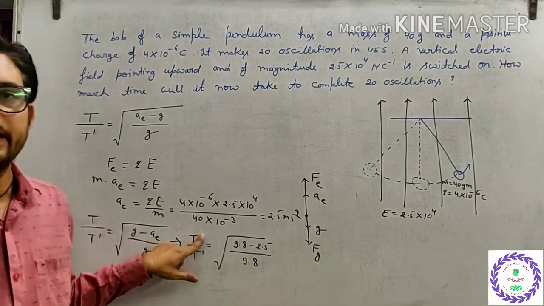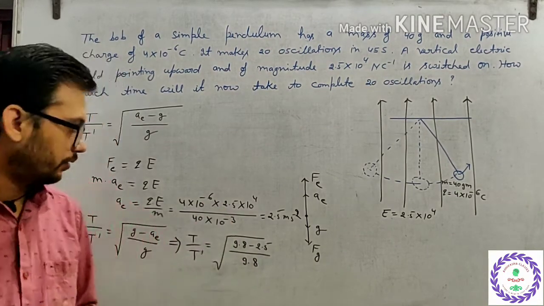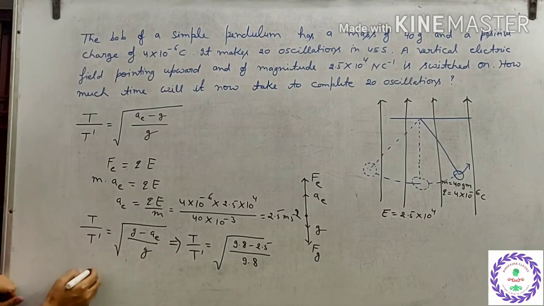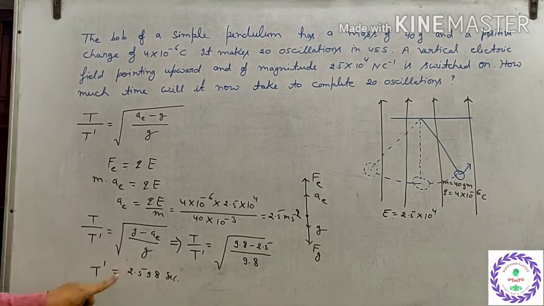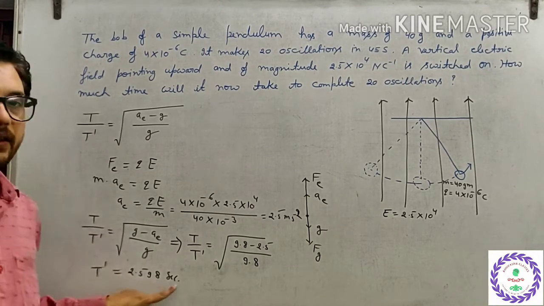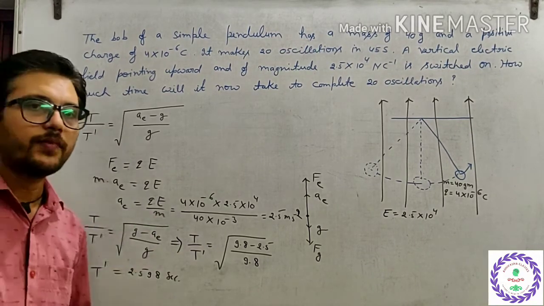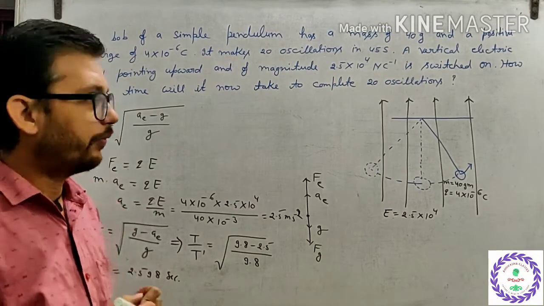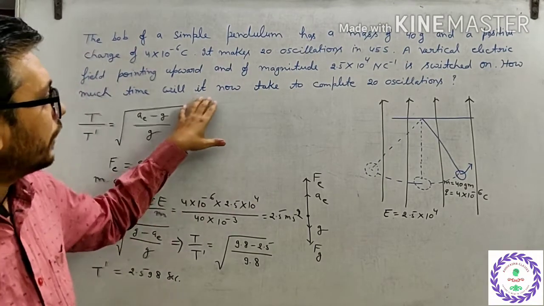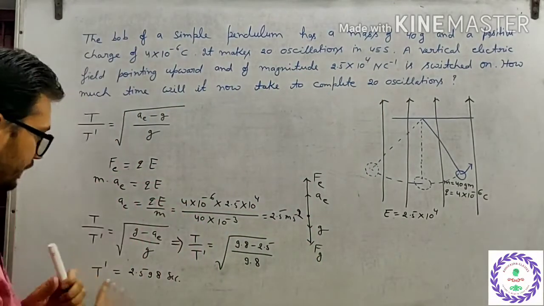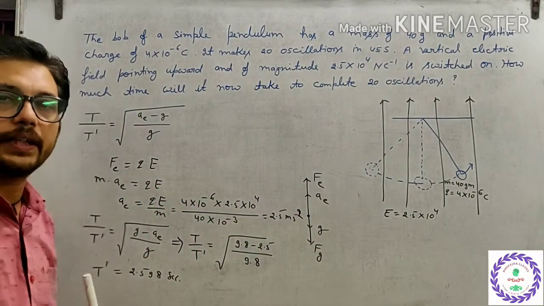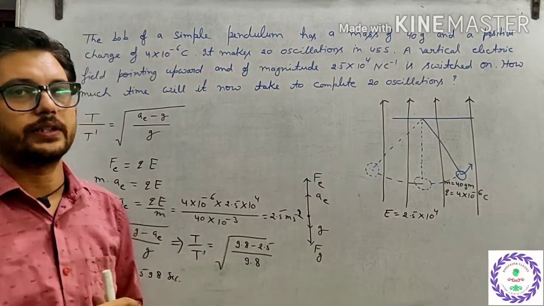We have capital T as 45 by 20, put the value and we get T dash as 2.598 seconds. Now we have to find out the time to complete 20 oscillations. So this is the time period, meaning the time to complete one oscillation.